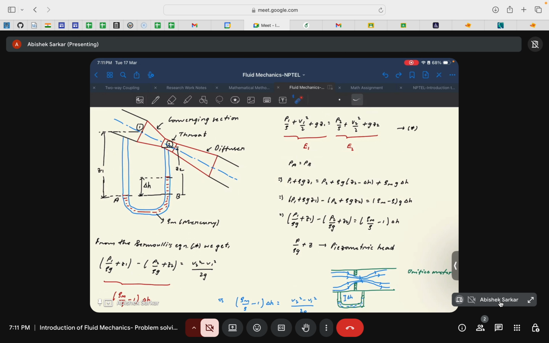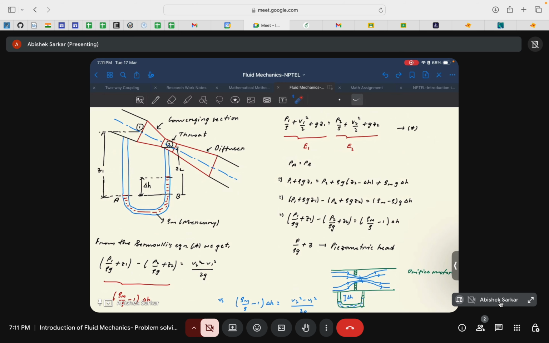Now if you play around with the terms a bit, you can rearrange them as (P1 by rho g plus Z1) minus (P2 by rho g plus Z2) equal to (rho m by rho minus 1) times delta H. Here delta H is the deflection of the manometer and rho is the density of the fluid passing through the venturimeter, which is water in this case, but rho m is the density of the fluid in the manometer, the manometric fluid.